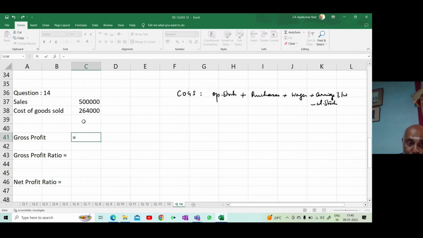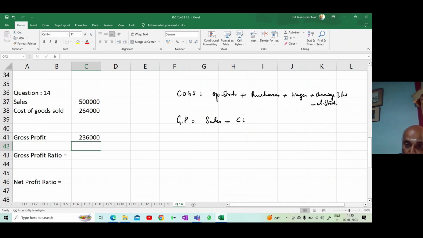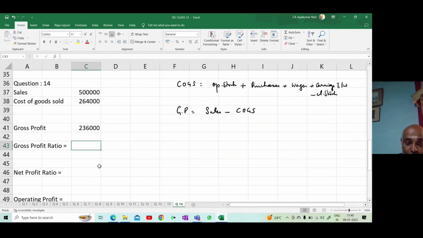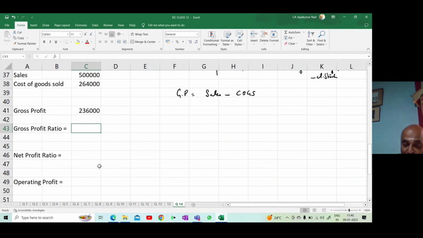So how much is the profit? Gross profit is sales minus cost of goods sold. So your gross profit is 2,36,000. How do you calculate gross profit ratio?